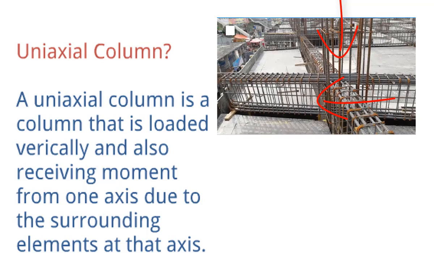It is a uniaxial column because it is receiving moment at just one axis. That is why it is called uniaxial. Remember, uni means one, axial means axis. So uniaxial means one axis. When a column is receiving moment from one axis, it is a uniaxial column.